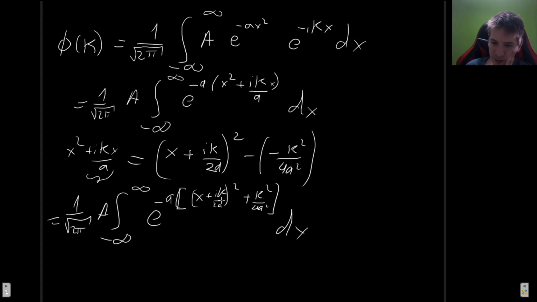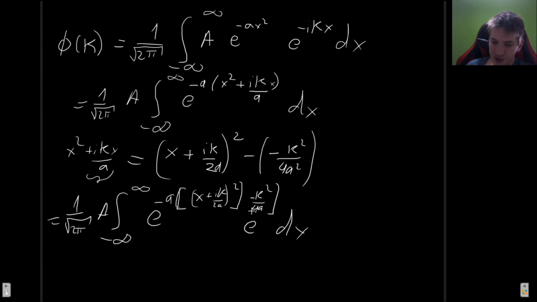But now we can separate these two, just multiply through by the a, and we get this first one right here, and then we get e to this thing right here, but with minus times minus a. So the minus sign in front and the a squared will cancel out with this a. So we get now minus k squared divided by 4a.